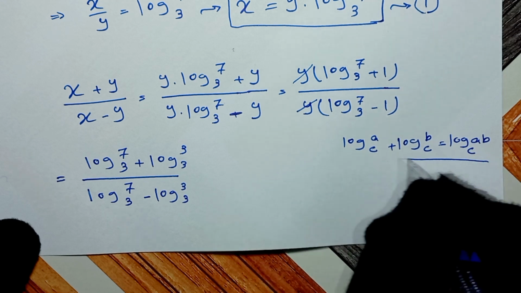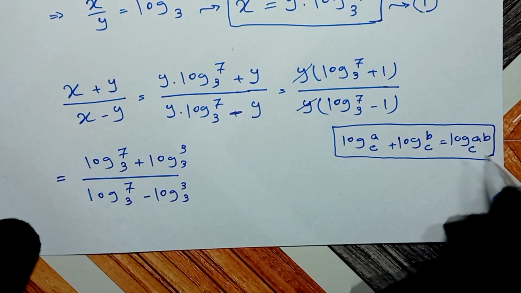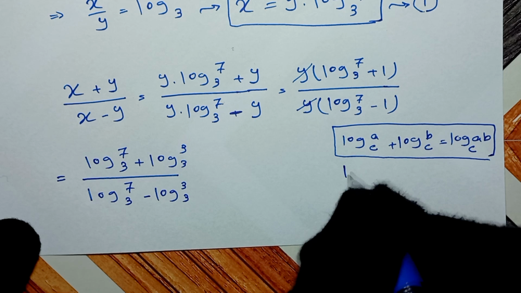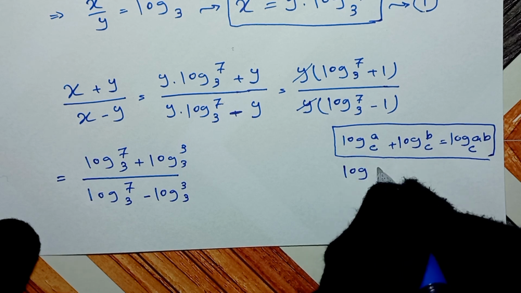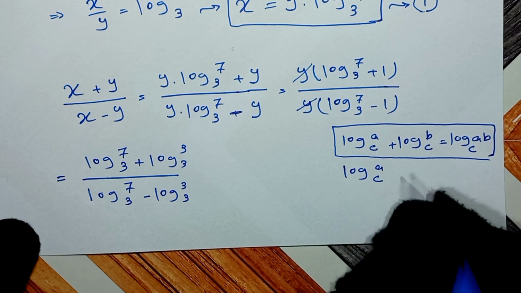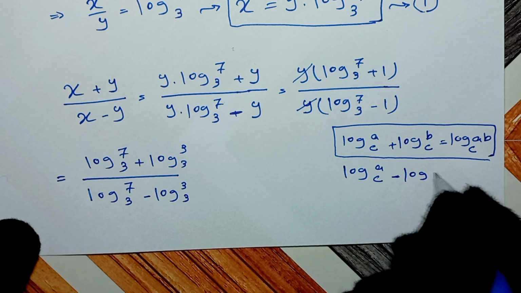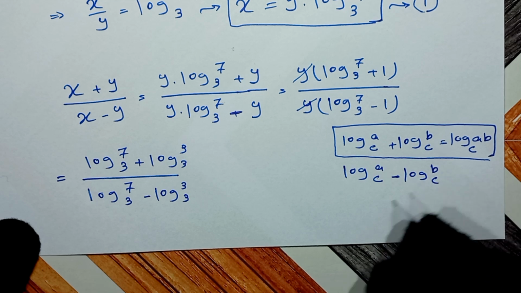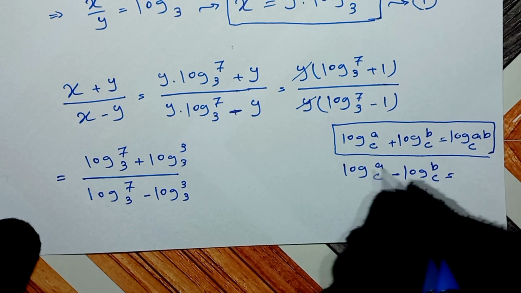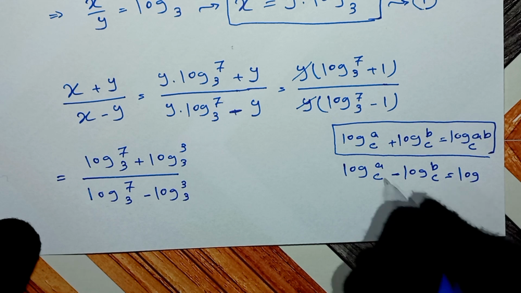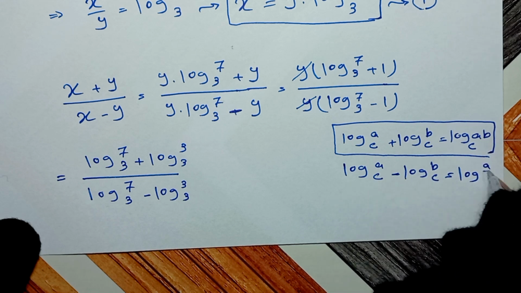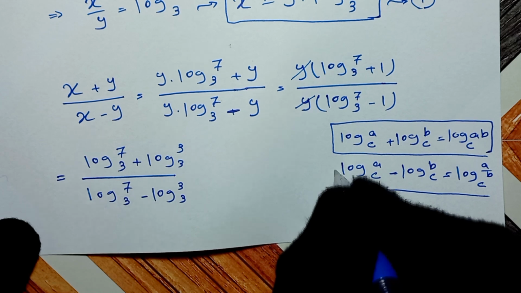So, and if we have log of a to base c minus log of b to base c, we can write this as log of a over b to base c.